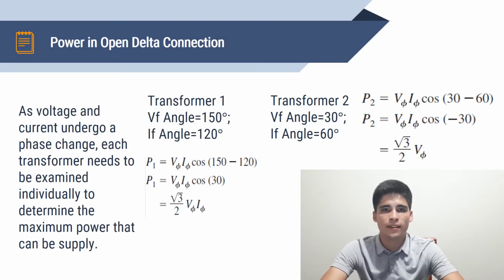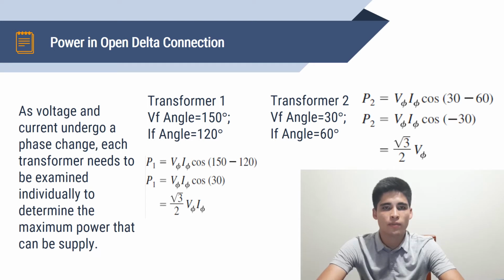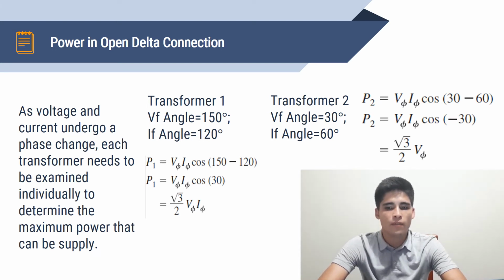Power in open delta connection. While in the open delta connection, because one of the phases of the transformer is missing, the line current is equal to the phase current. Also, the currents and voltage in the transformer bank have an angle that differs by 30 degrees. Therefore, it's necessary to analyze each transformer to determine the maximum power that can be supplied.